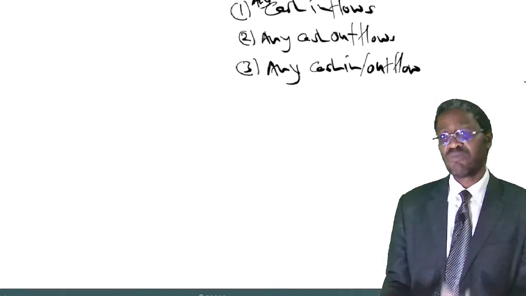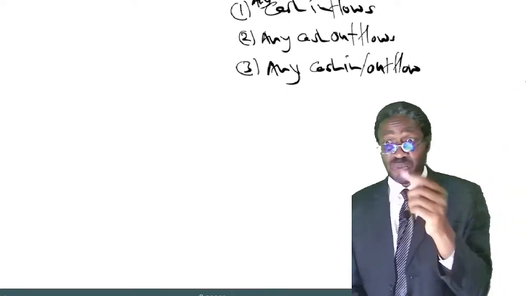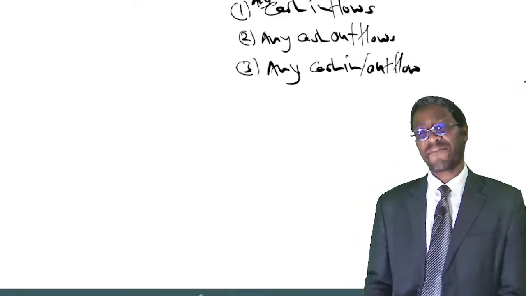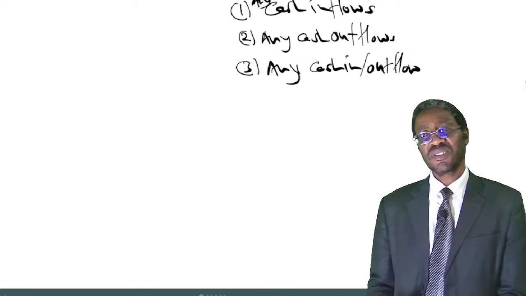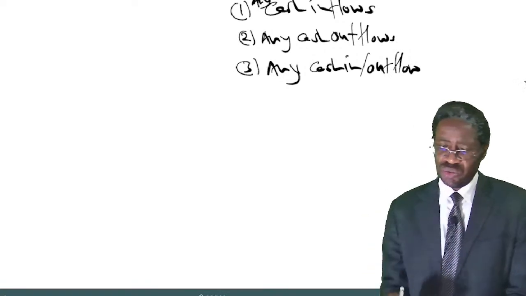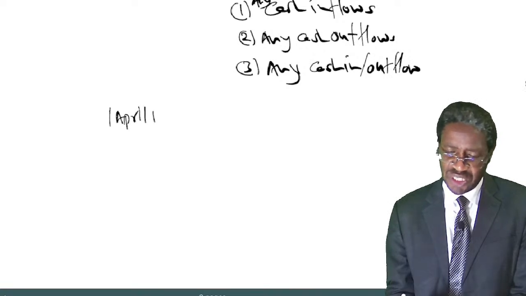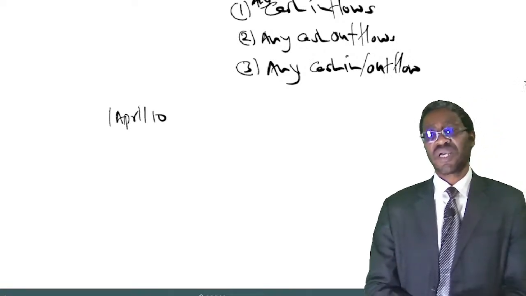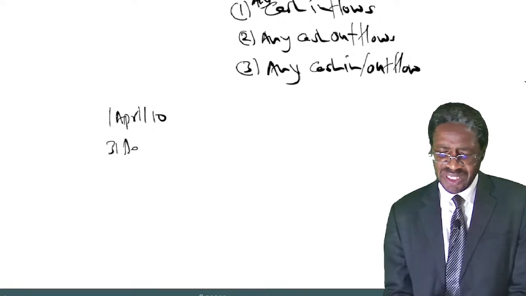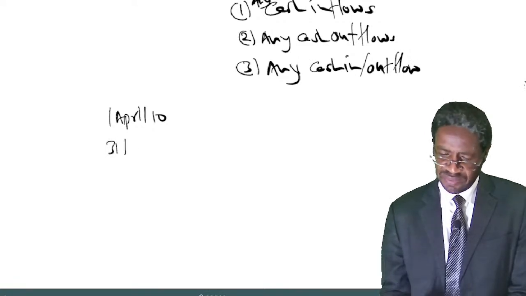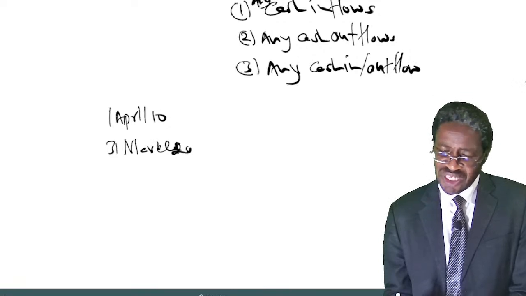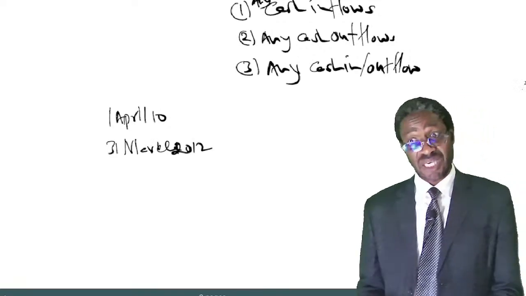But before I do it, I want to explain a few things concerning it. Listen. I've already told you we acquired that plant on 1st April 2010. Come 31st March 2012, we want to test for impairment of that asset.